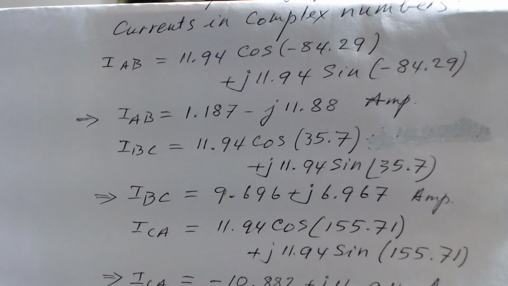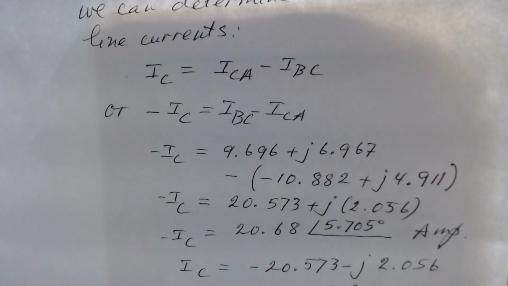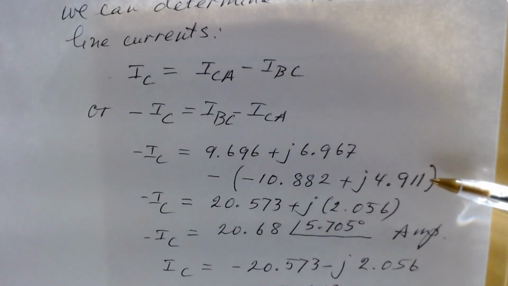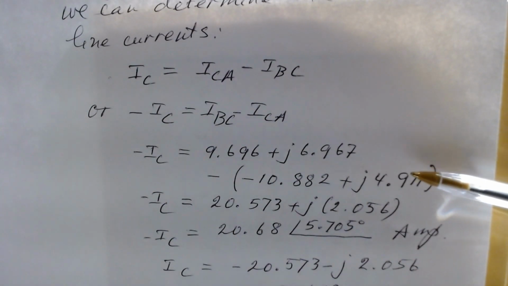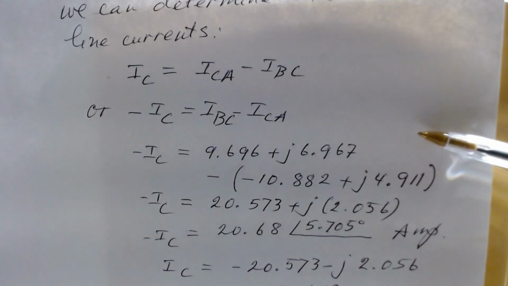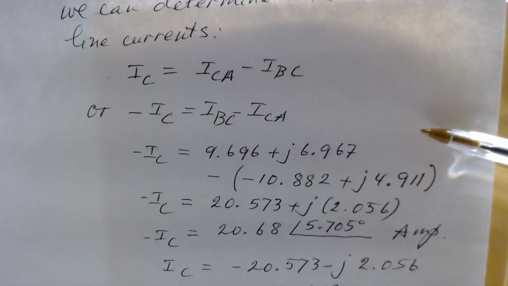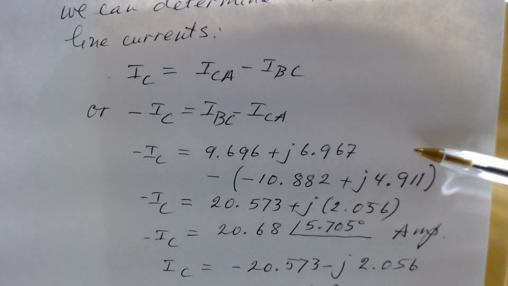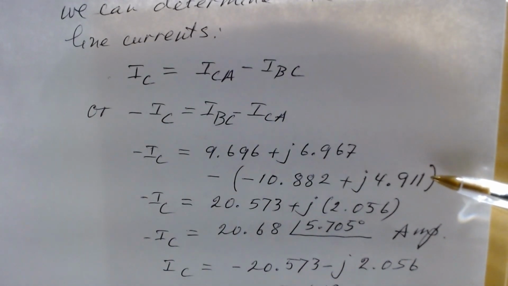Let's start with the line current I small c, which is ICA minus IBC, or minus IC equal to IBC minus ICA.